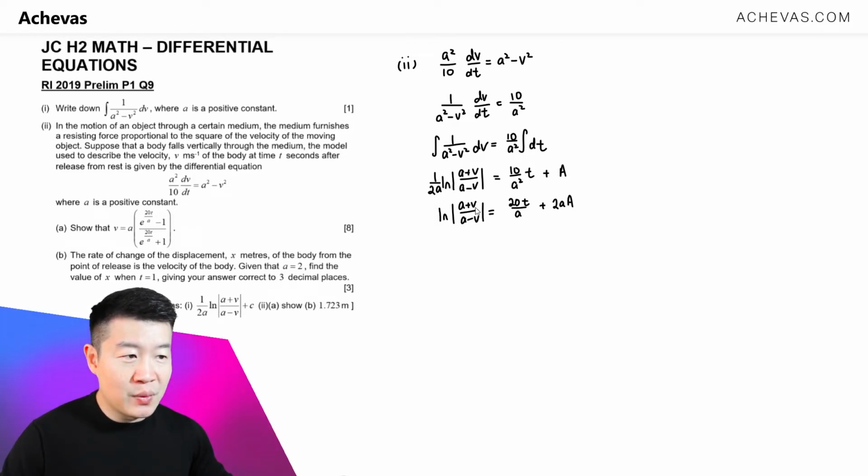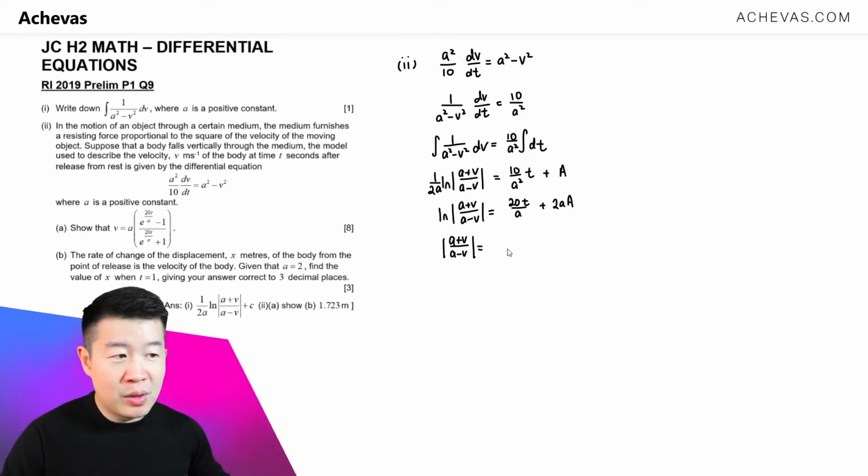Let me re-express it without the modulus first before I substitute in v is equal to 0, t is equal to 0 to solve for our arbitrary constant. So removing the ln from the left-hand side, we will have a modulus of a plus v over a minus v.